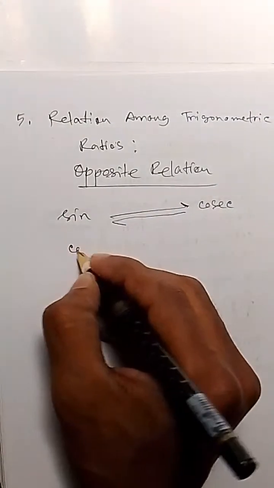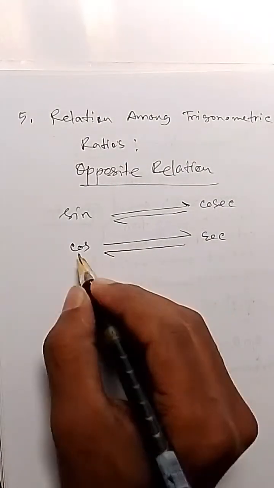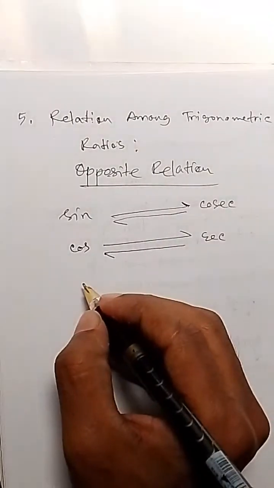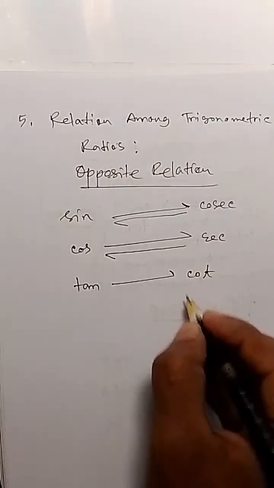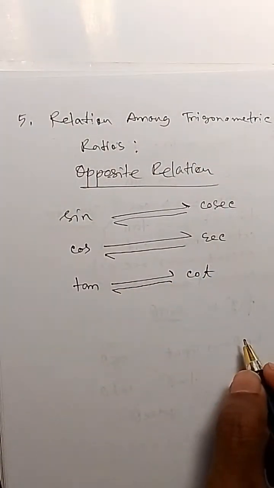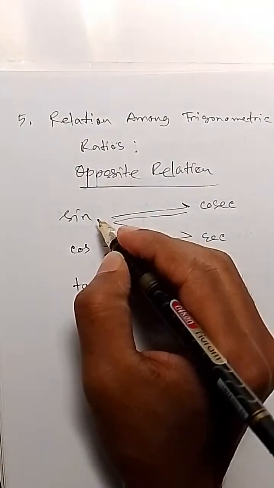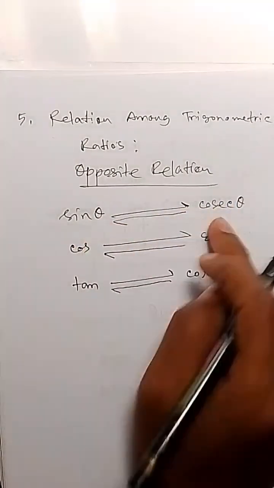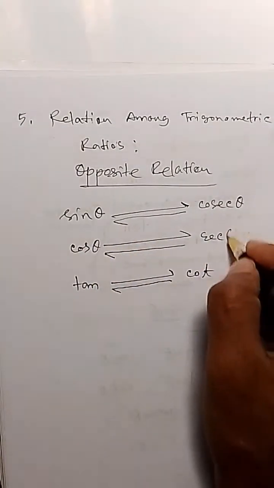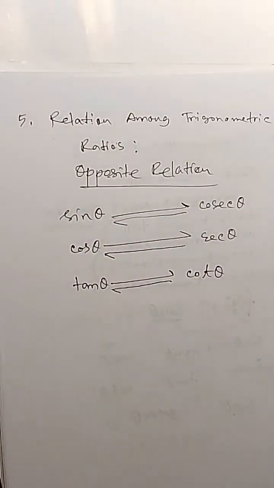Cos is opposite of sec, and sec is opposite of cos. Tan is opposite of cot, and cot is also opposite of tan. That means sine theta and cosec theta are opposite in relation. So cos theta and sec theta, tan theta and cot theta, these are opposite in relation.